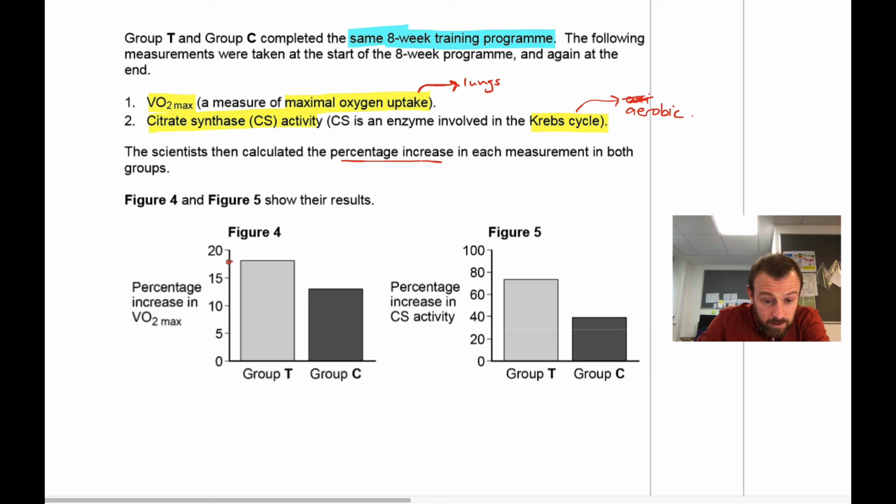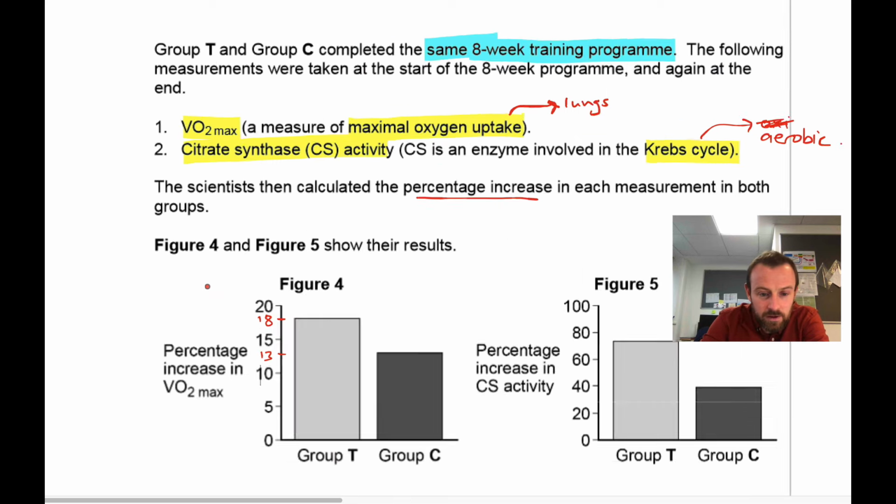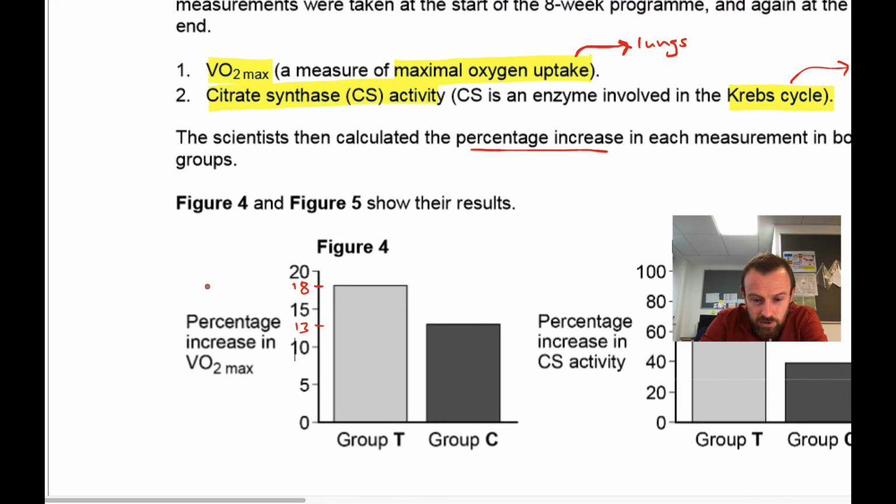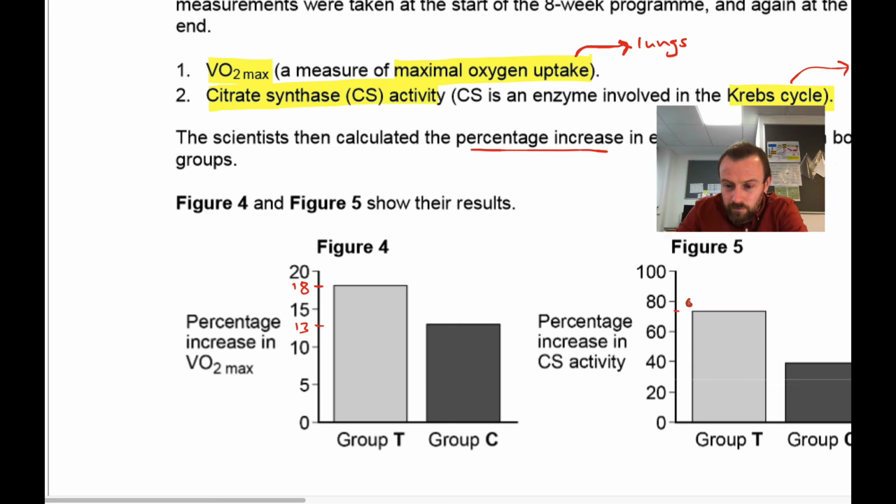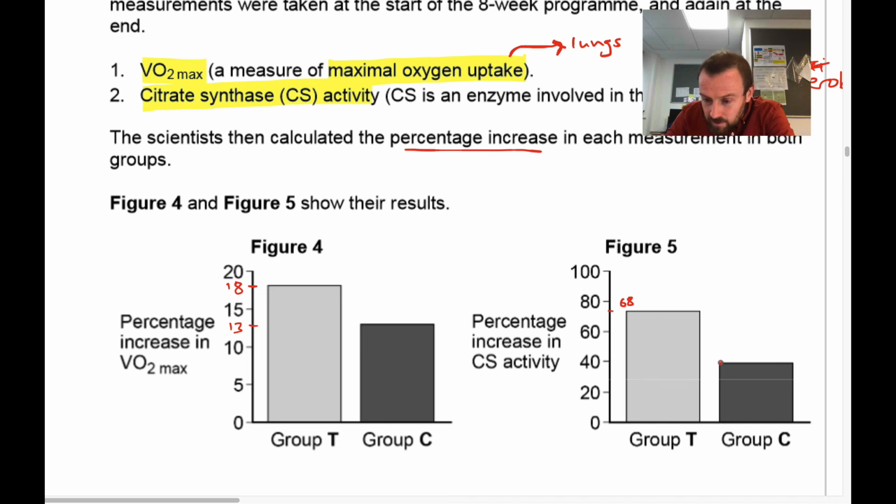Something like, I would say, 18% is that one, and this one is going to be, I think, 13, but I would probably get my ruler out if I was doing this in a real exam and really try and accurately identify that, but I think that is right, 18 and 13. Over here, I think that is 68, and that's bang on 40, I believe.